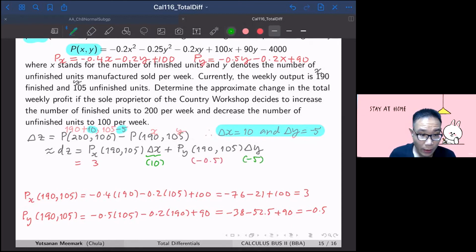Okay, and you're going to sum these two numbers up. So in this case, you would get 30.